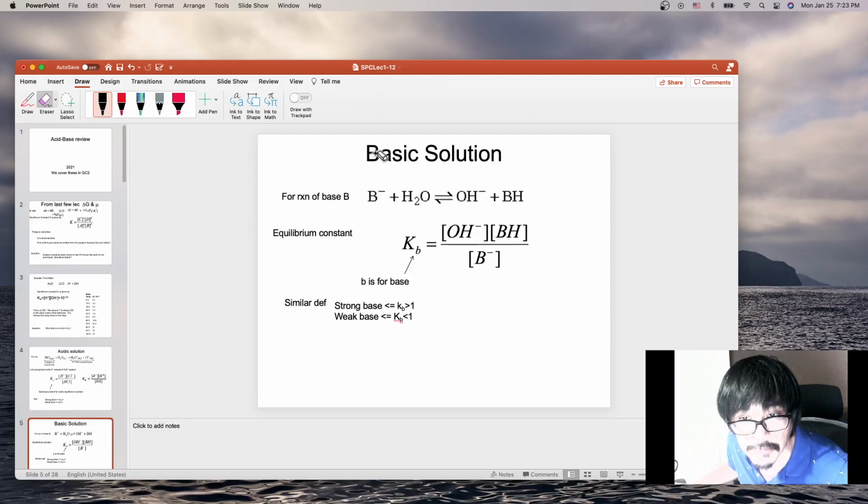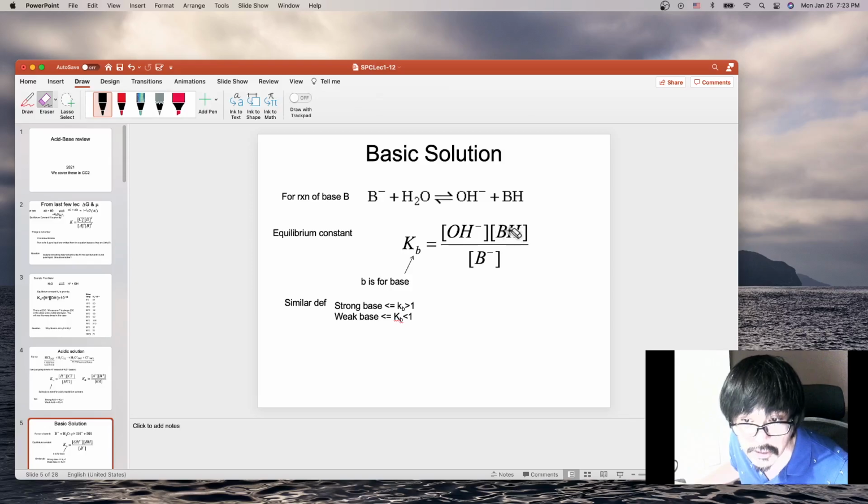And then for the basic solutions, this is the base dissociation reaction. Once again, product over reactant. We don't care about that one because it's pure liquid. And then Kb stands for the dissociation constant. For this reaction, it's OH minus and BH plus at the top.